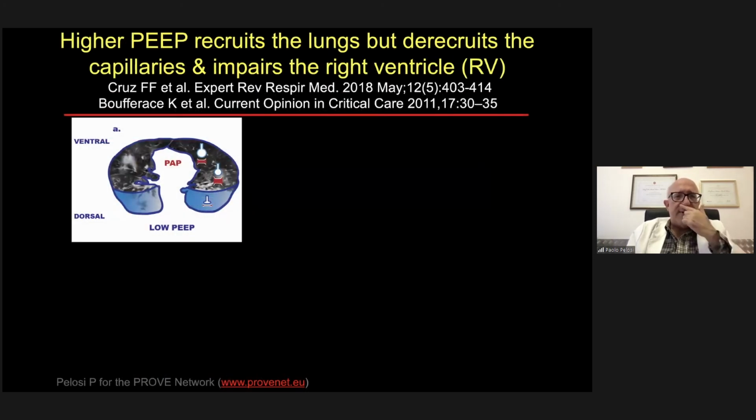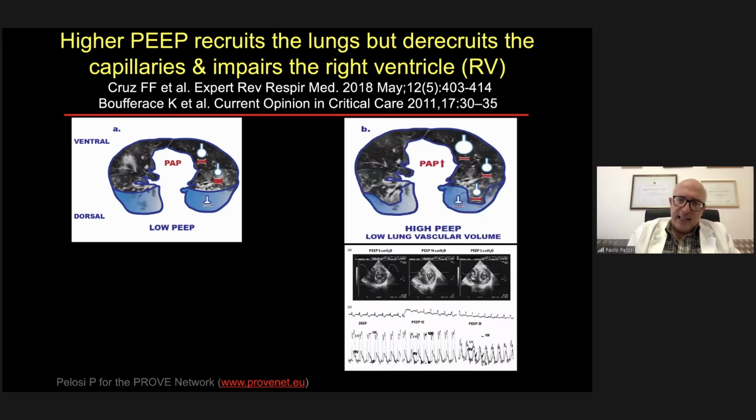Another point is related to hemodynamics. We know that when we have a lower level of PEEP, we might have a certain amount of pulmonary arterial pressure, but when we increase PEEP and recruit the lung, we can observe a de-recruitment of capillaries, which might further increase pulmonary arterial pressure and impair the right ventricle.